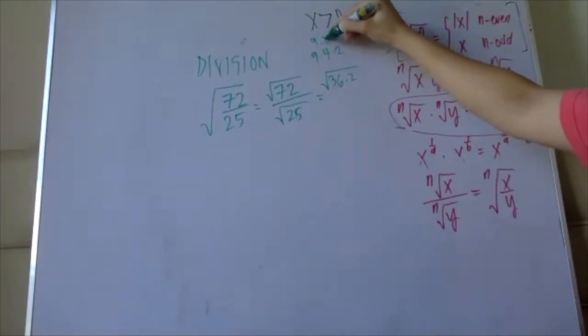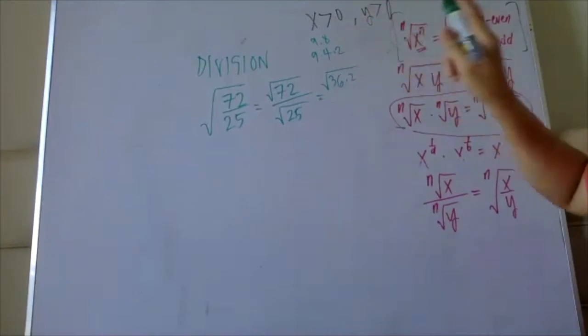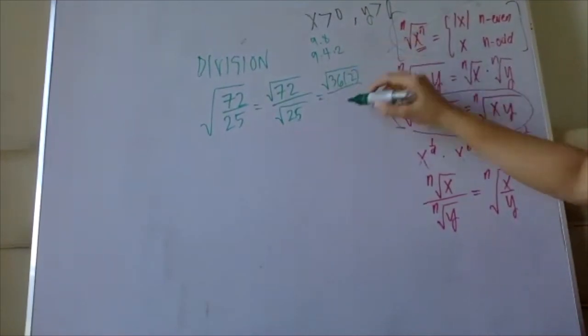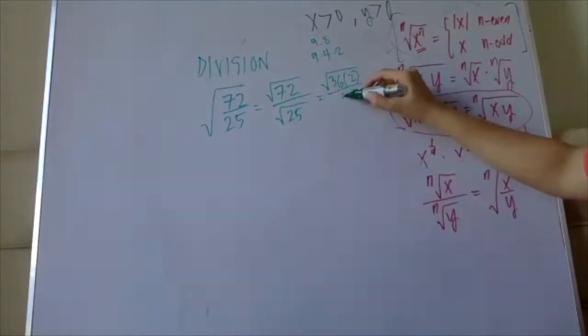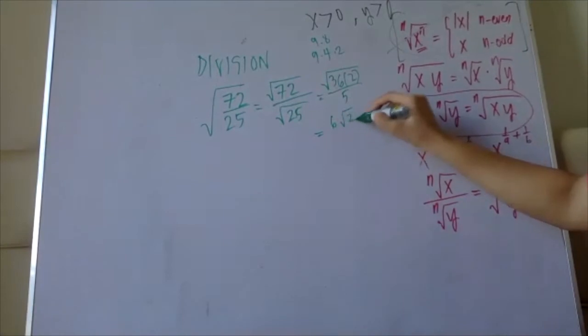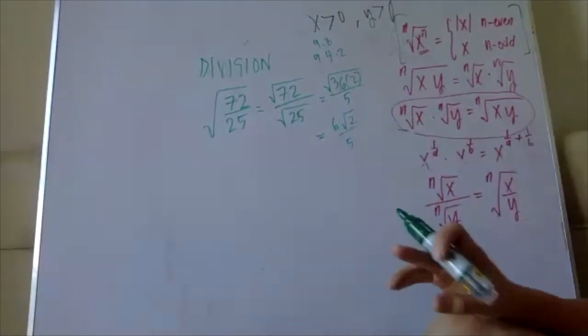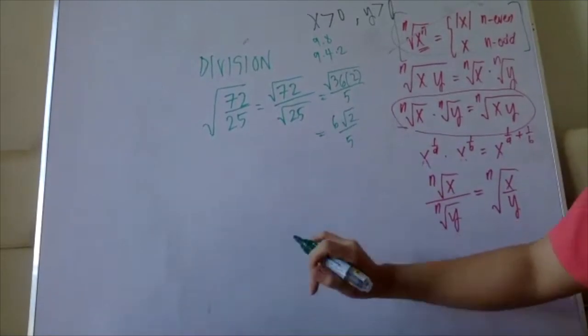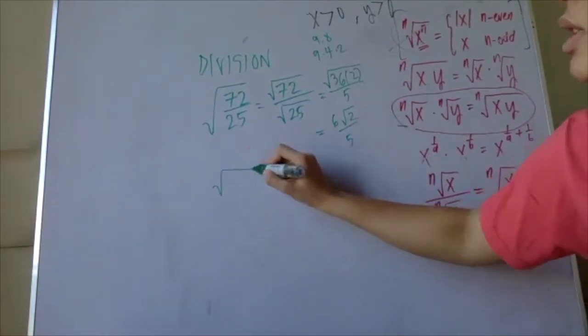Or nanggaling ka sa 9 times 8, then yung 8, 4 times 2. Okay, so ang factors niya is 36 and 2. Sa baba, perfect square, so malalabas mo yung 5. This is equal to 6 square root of 2 over 5. Okay, nakuha naman to, diba? How about if you're given with this one?